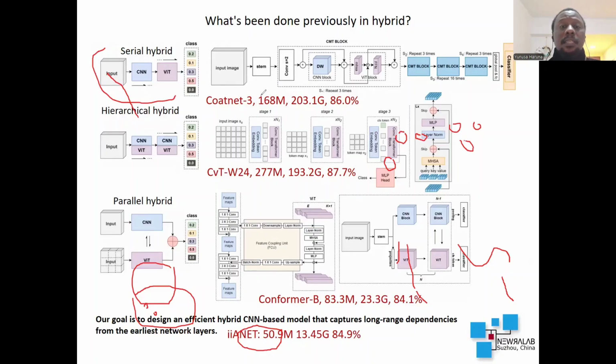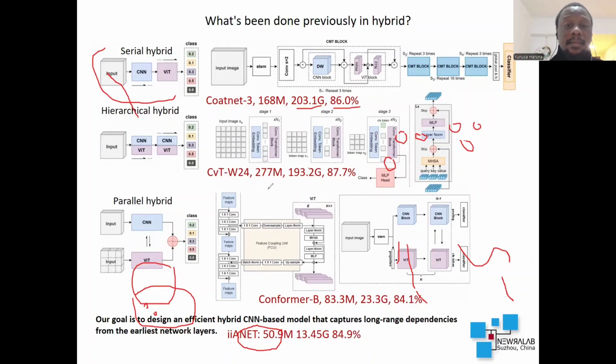So we want to be able to come up with a design that is going to be efficient and also can capture long-range dependencies. So here you can see it has 168 million parameters, and here is the flops, and here is the accuracy, which is on ImageNet top 1. So here too we can see the hierarchical hybrid, which is on CVT.